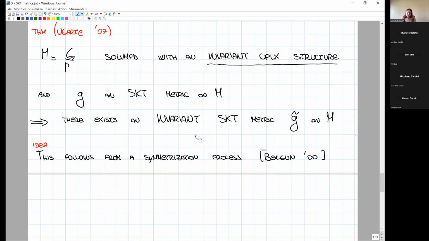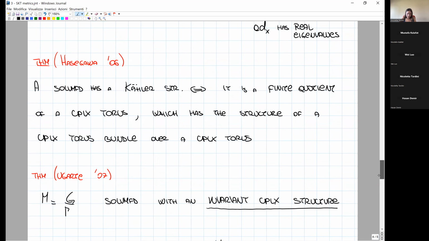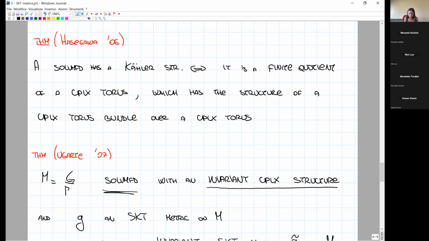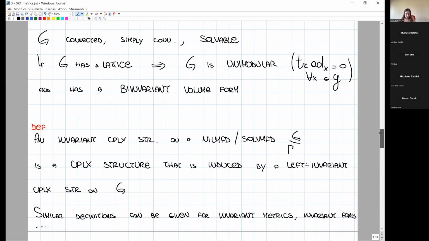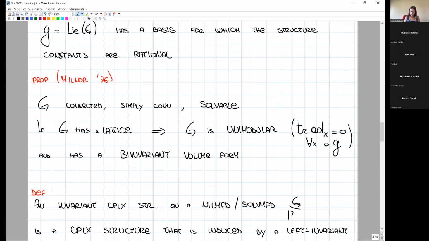But in the SKT case, by Milnor, the result I mentioned above, since we have a lattice, because I'm assuming that my manifold is a Sol manifold, G over gamma, so gamma exists, we have a lattice, then Milnor is saying that G has a bi-invariant volume form if we have a lattice.